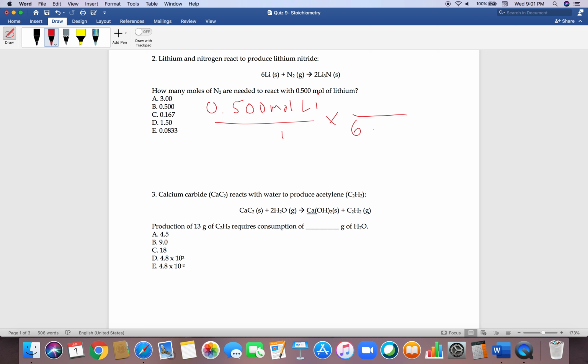And per the balanced chemical equation, for every 6 moles of lithium, I'm going to need 1 mole of nitrogen gas. And that's all we need here because we're asked for moles of nitrogen gas. So when you do 0.5 divided by 6, you'll get a number that should be approximately 0.833 repeating moles of nitrogen gas. So the answer here would be E.